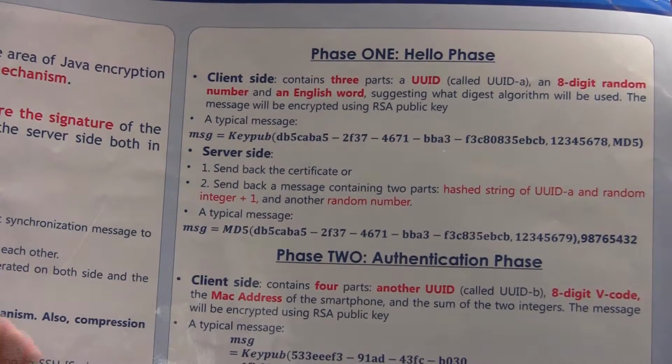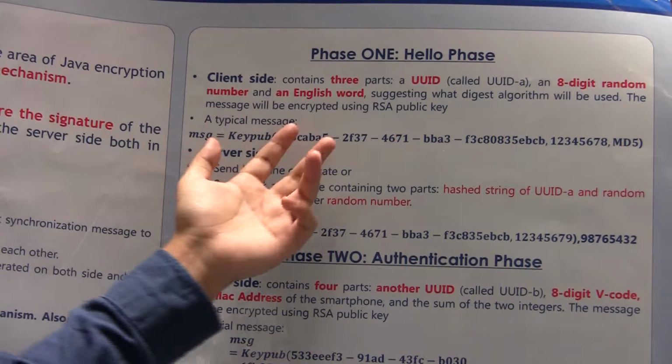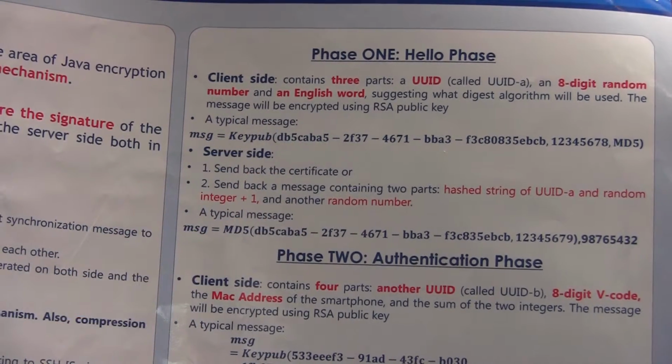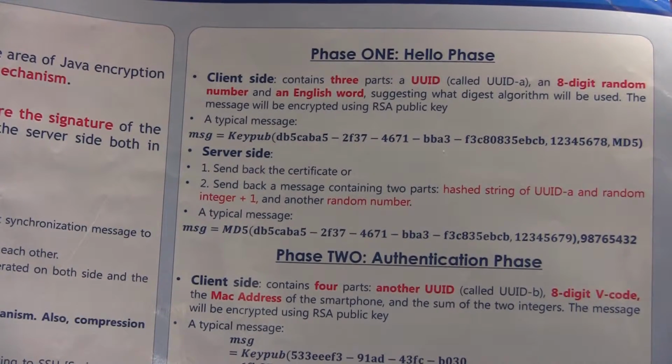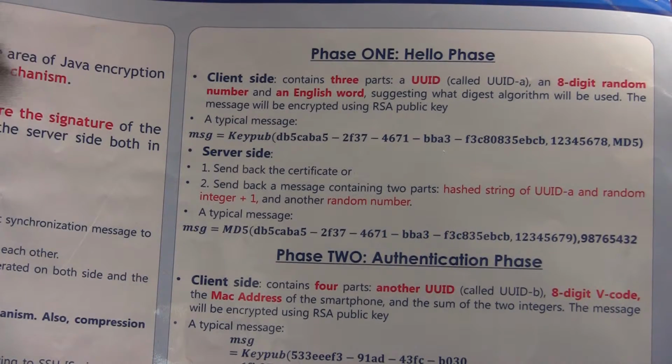Okay, so the server side receives the first client side hello message, and the client side message will be encrypted using the public key. This public key is downloaded in the registration phase. In fact, it is embedded in the app, so it is not vulnerable to man-in-the-middle attack.